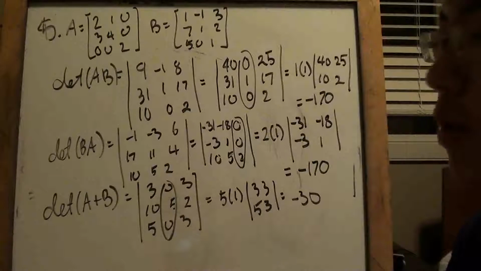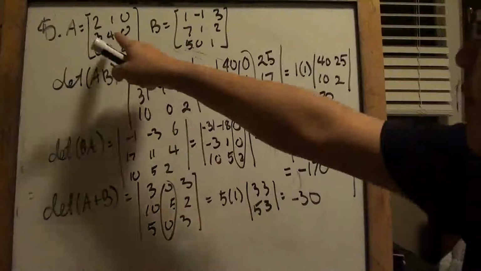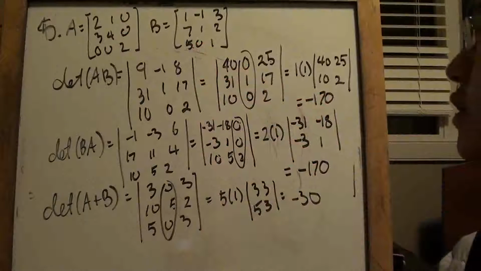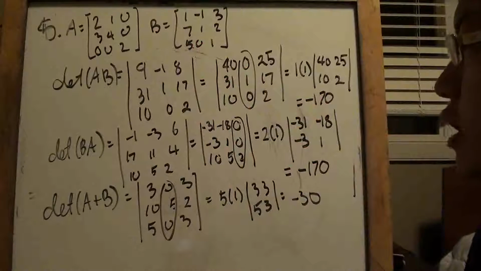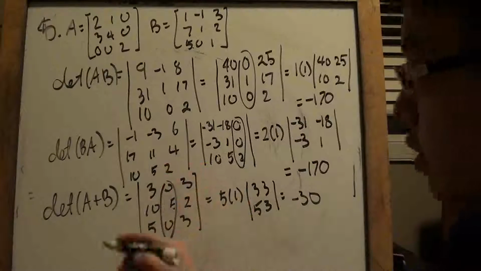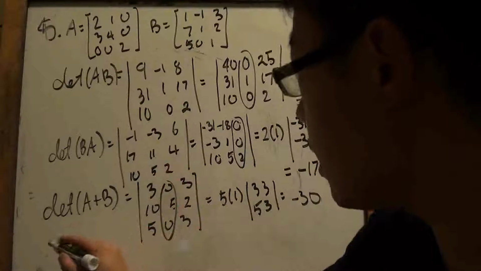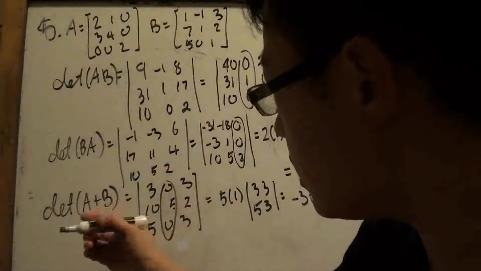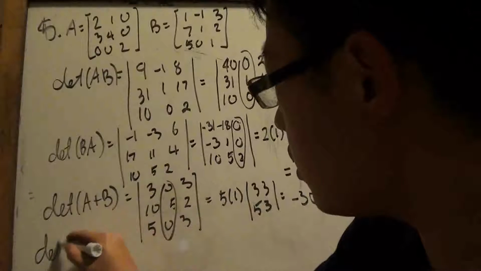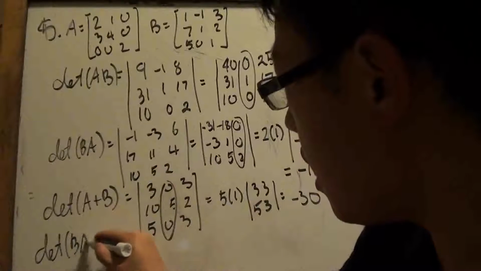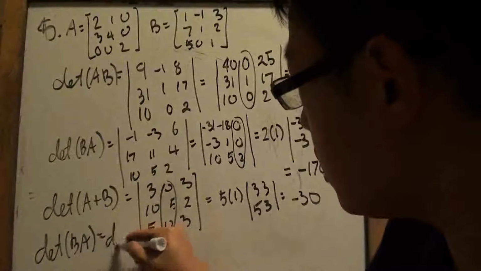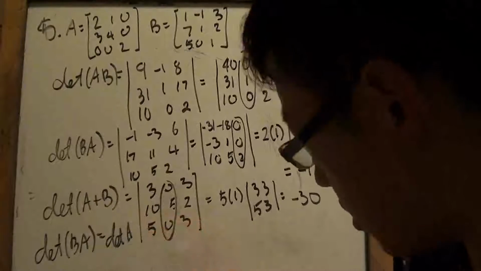So this is what I have so far. So we have these two equations. We have to see if det AB and det BA are equal, and if det(A+B) equals det A plus det B. So maybe I should rewrite that. So the question is, does det BA equal det AB?